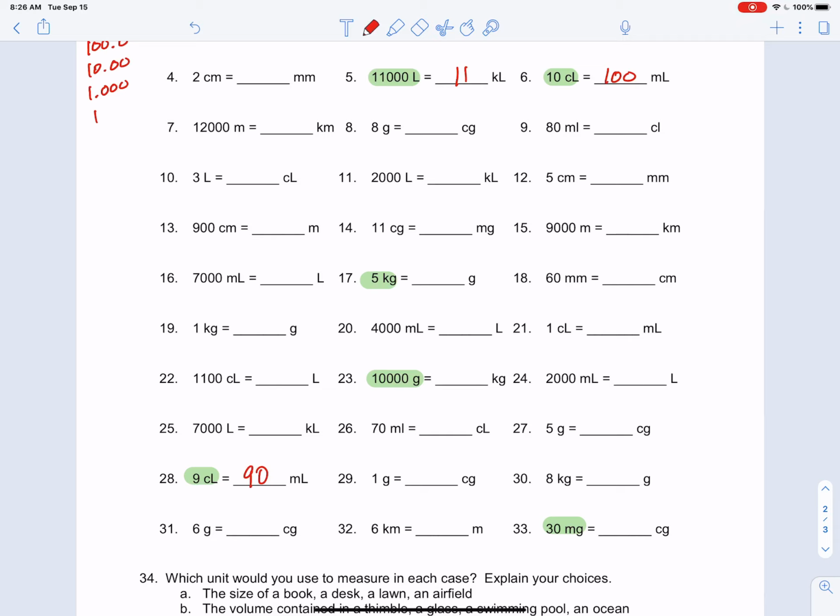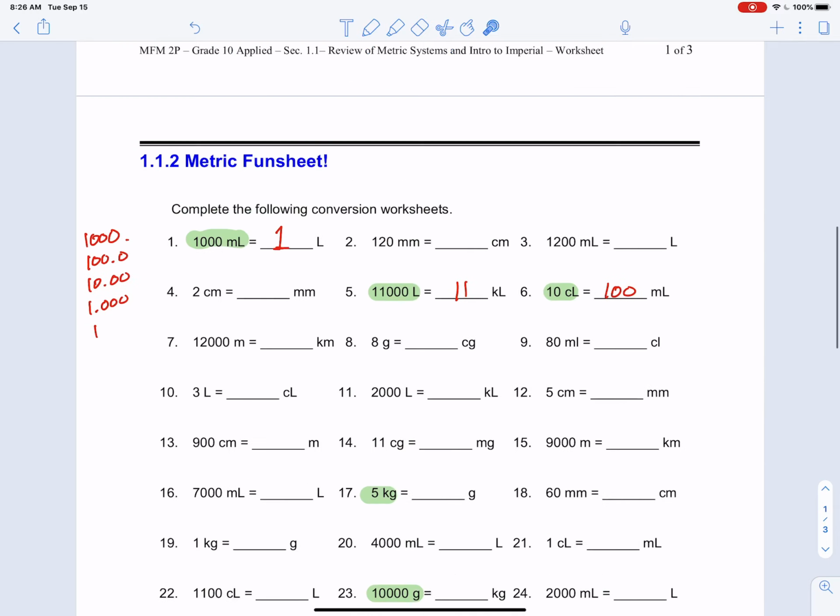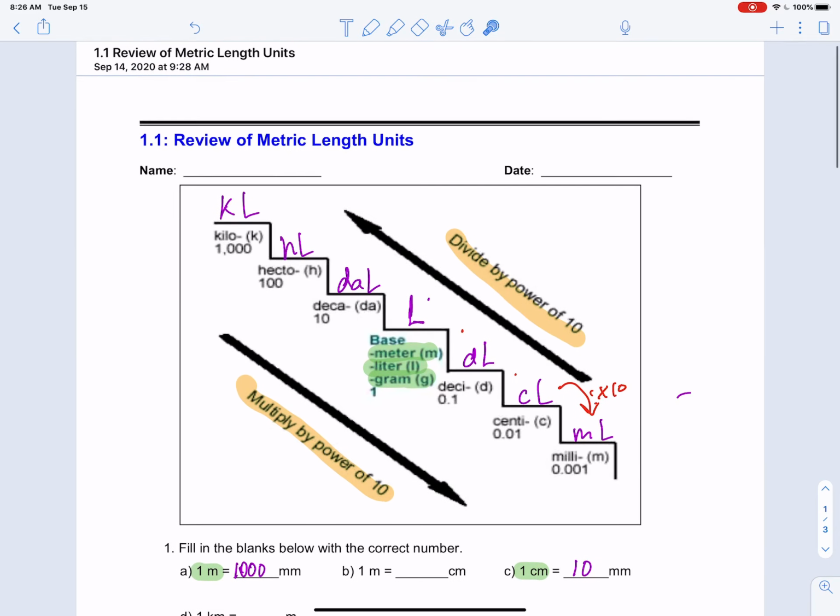So now they changed the base unit on us. If we take a look at 17, 23, and 33, the base unit's in grams now. So let's go back up to our table here. And now the base unit is no longer liters. It is now grams.